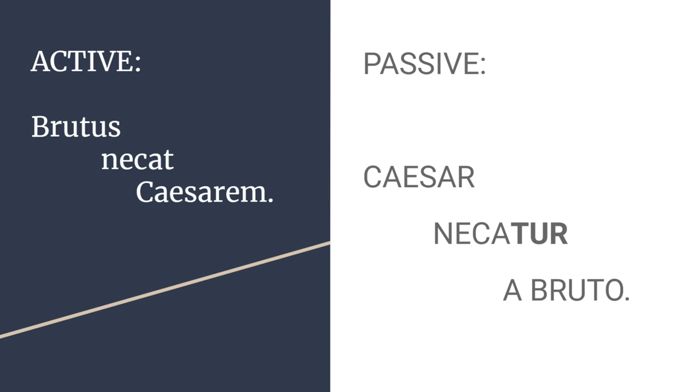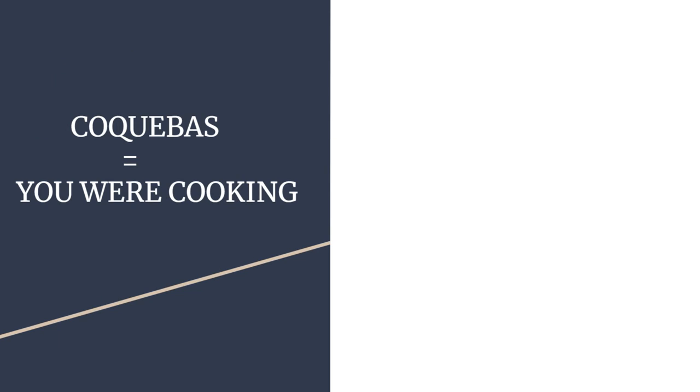We're not doing sentences quite yet, so it's not the biggest deal in the world, but you should maybe recognize the fact that a Bruto is a prepositional phrase. A takes the ablative, and so Bruto has been changed to the ablative here. But this says Caesar is being killed or is killed by Brutus. Him and 30 other guys we know from that story, but he was the last blow.